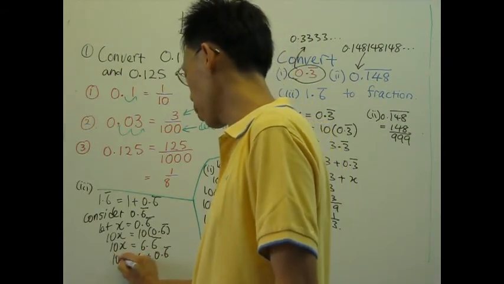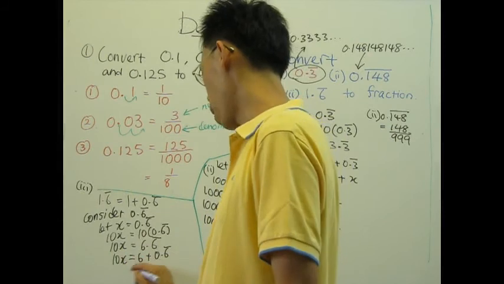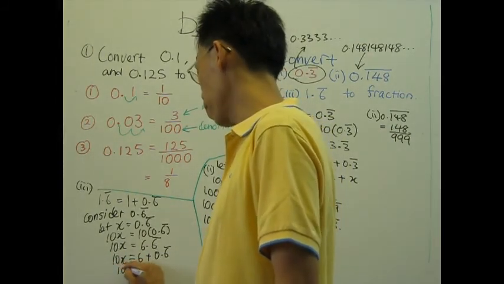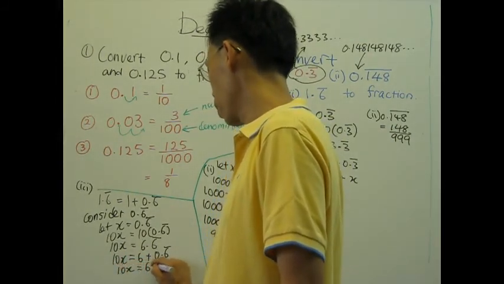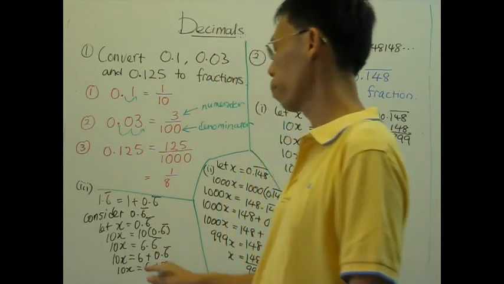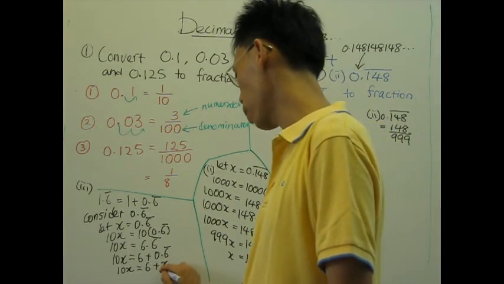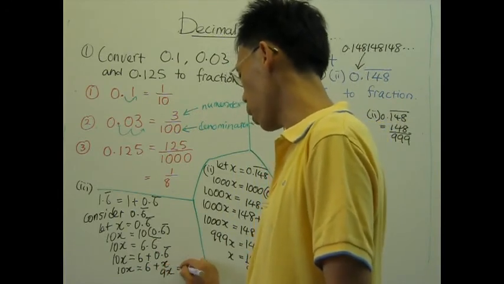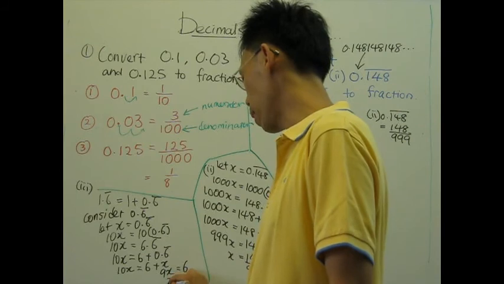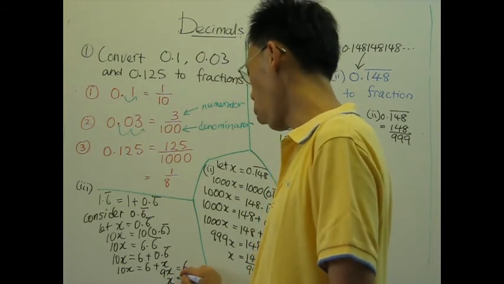Here's 10x, so 10x minus x, which is 9x, equal to 6. Therefore, x here is 6 over 9 or 2/3.